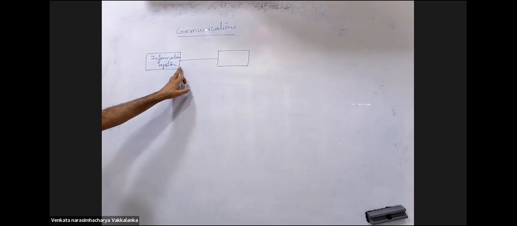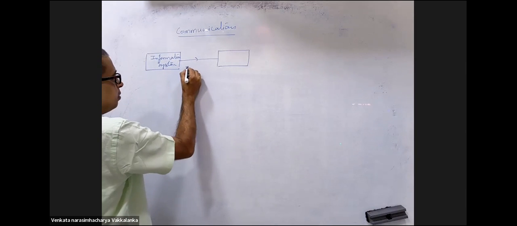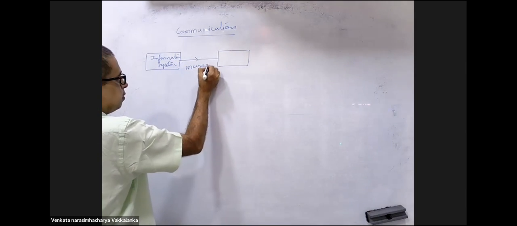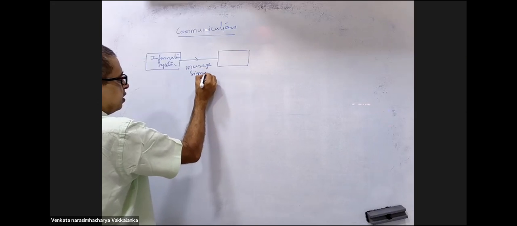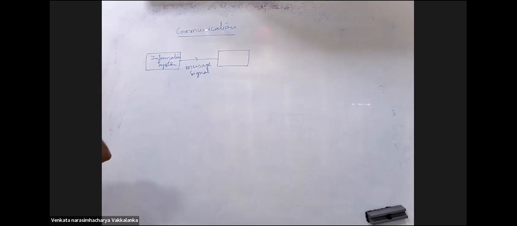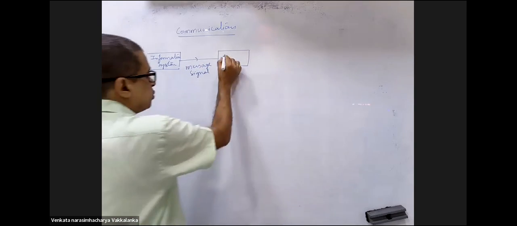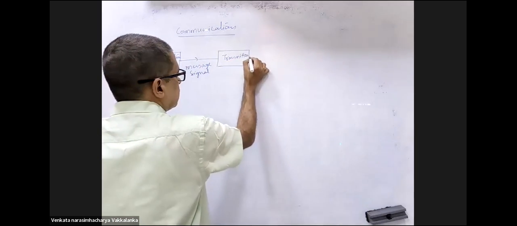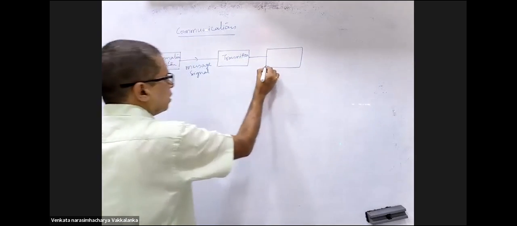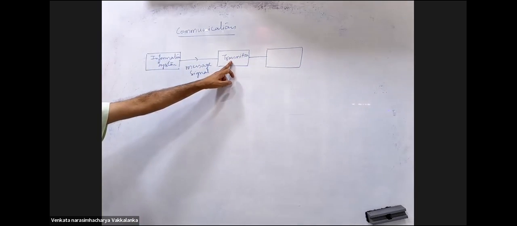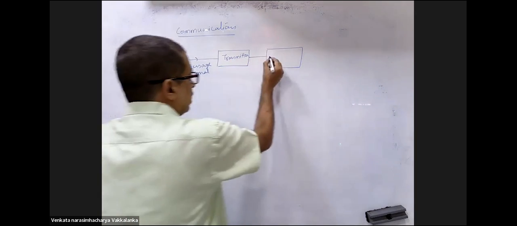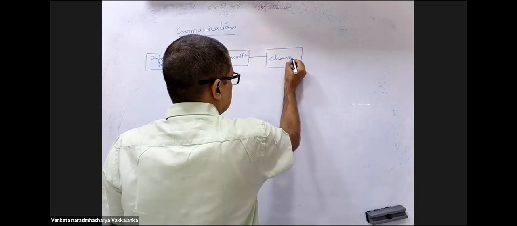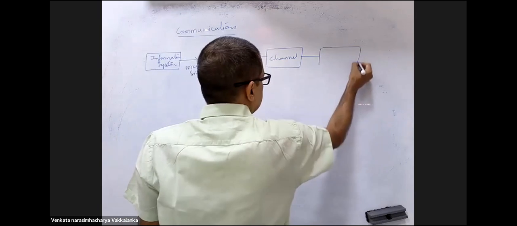From the information system, you send the message signal to what? To the transmitter, right? Transmitter sends through the channel to the receiver.